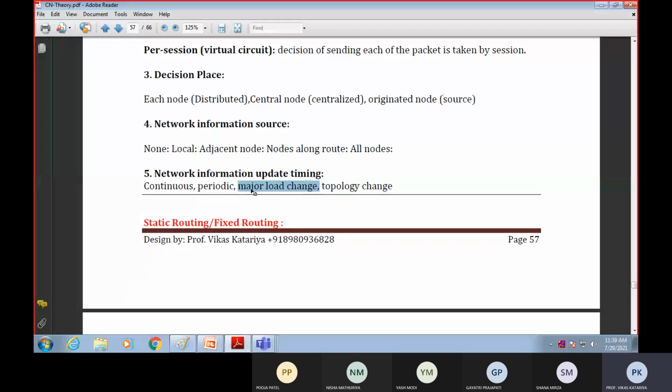In this case, we have to tell the routers this information. So this tells us the network information update timing. Some routing algorithms change continuously, some change periodically, some change if the major load changes in the link, and if the topology changes, then the network information is updated.